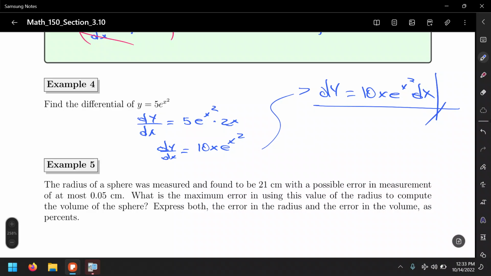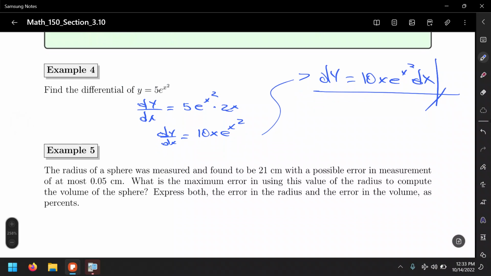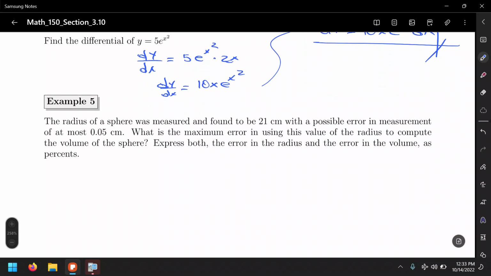All right? So this is what we're going to do. We will find the volume of the sphere of a radius equal to 20 centimeters. But if we make a slight change, that is, adding those 0.5 centimeters, that volume will be slightly larger.